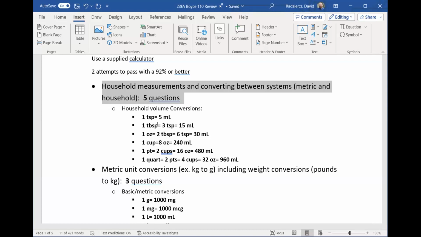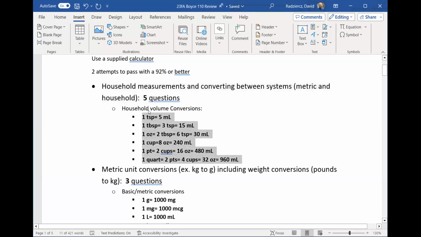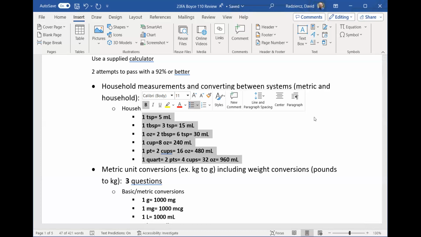There's lots of examples of that online, even in a lot of my content, and I'll try and give you lots of examples as well. You want to make sure you're practicing a variety of those, with these being the common conversions for particularly liquids that you're going to see.